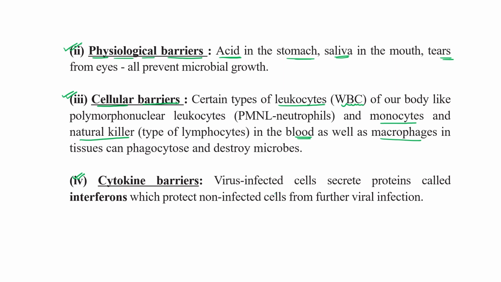Cytokine barrier means these cytokines are a certain kind of protein molecules. These cytokines are present in the virus infected cells. Virus infected cells secrete these proteins as interferon, which protect non-infected cells.